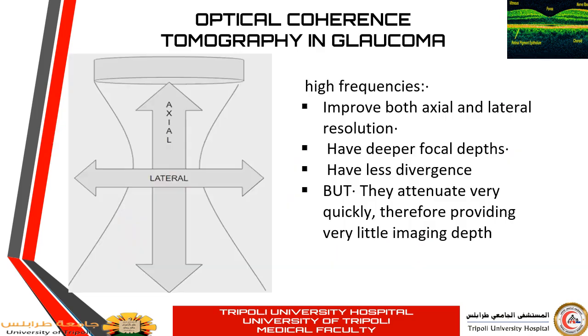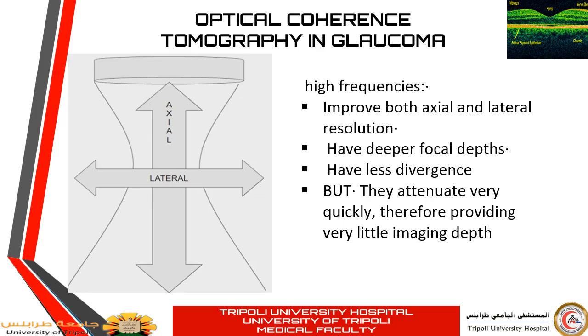Okay. So in conclusion, we have two important parameters affecting the efficiency of your OCT machine. That's the axial resolution, also known as the longitudinal resolution or depth resolution, and the lateral resolution, also known as transverse resolution or angular resolution.